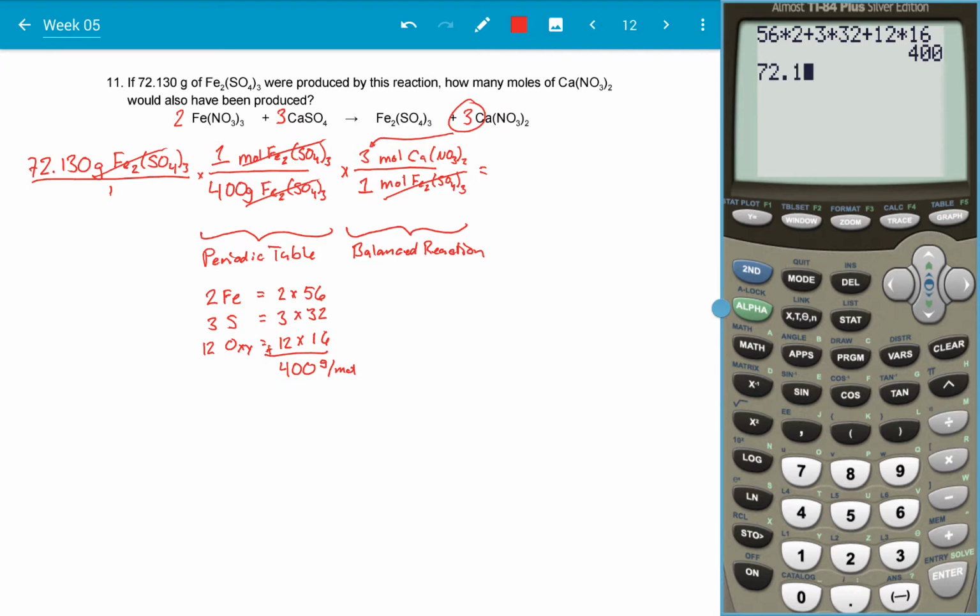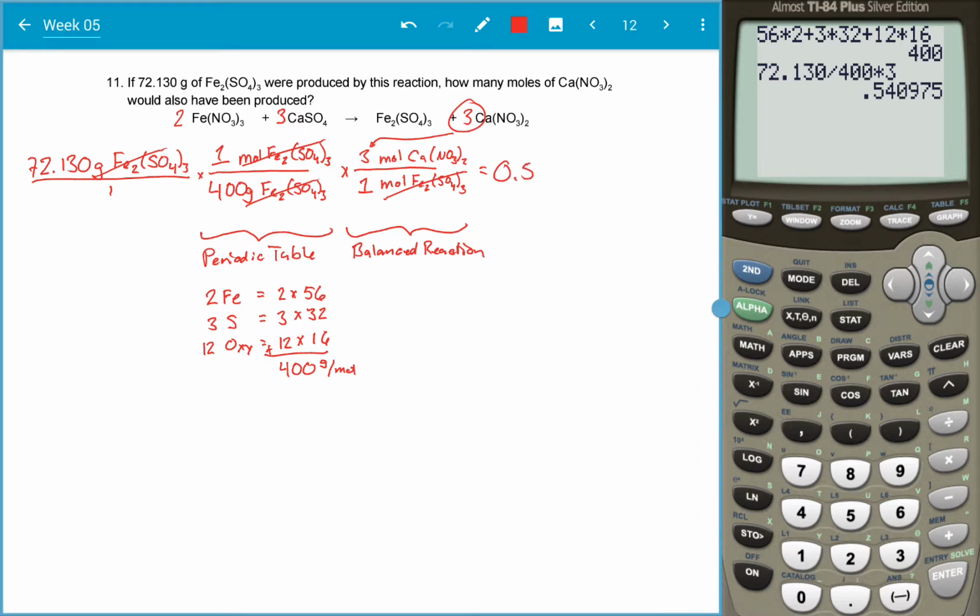So 72.130 divided by 400 multiplied by 3 equals 0.54098. Since we start off with 5 significant figures, we need to make sure that we have 1, 2, 3, 4, 5 significant figures in our final answer.